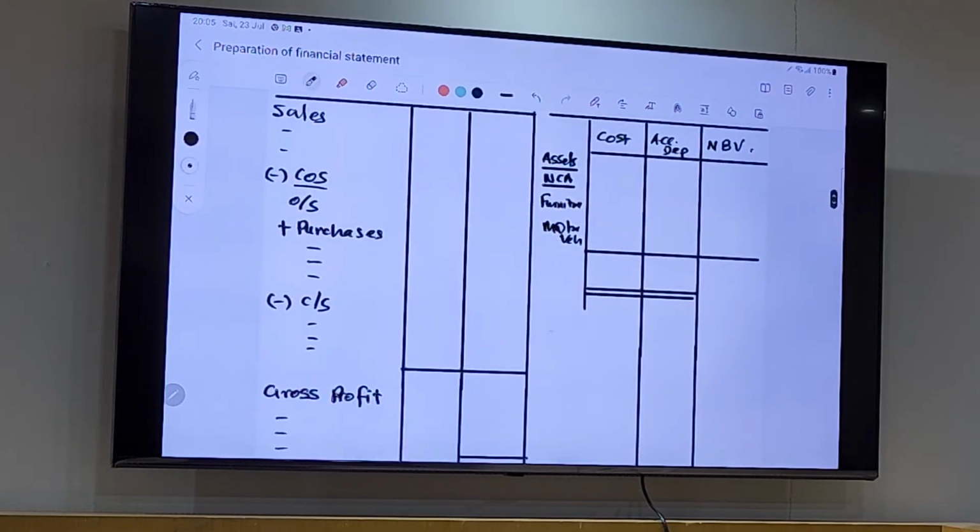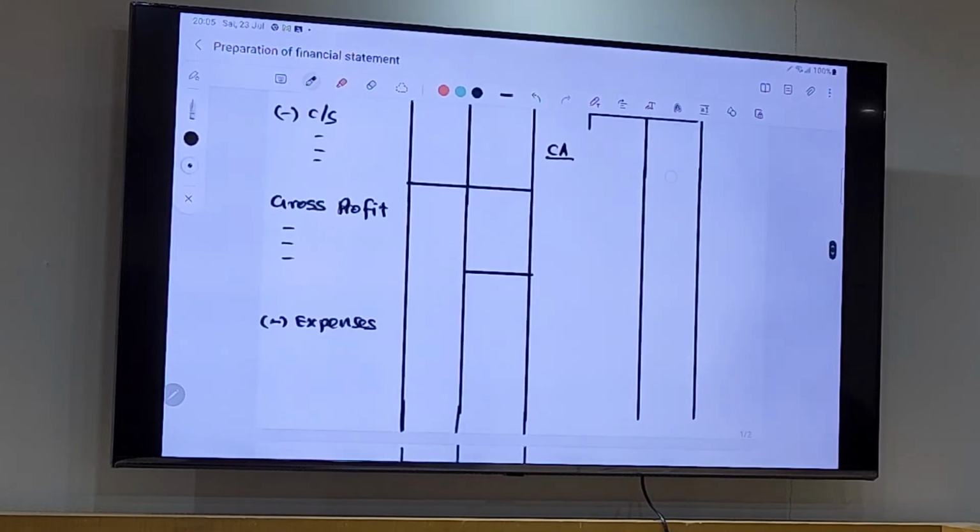Then you have current assets. Any current assets, maybe you can leave like 6, 7 lines. This you name it.